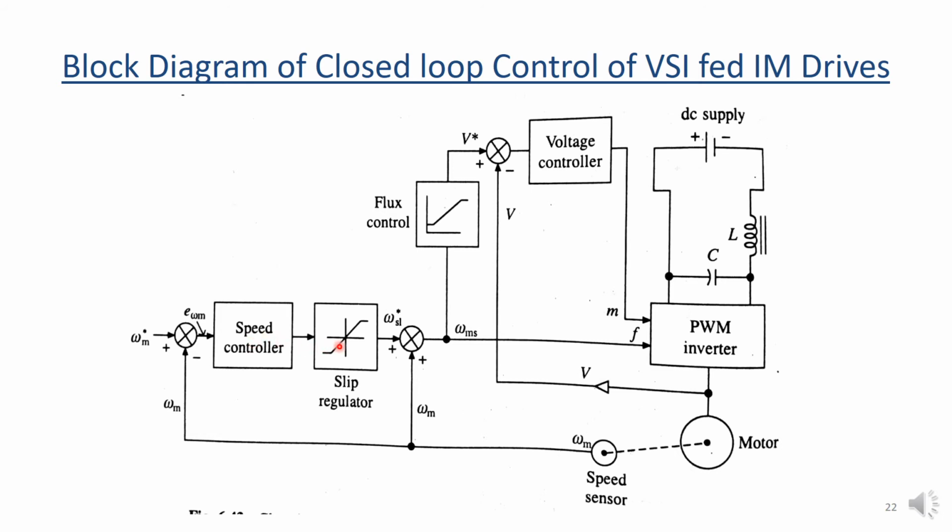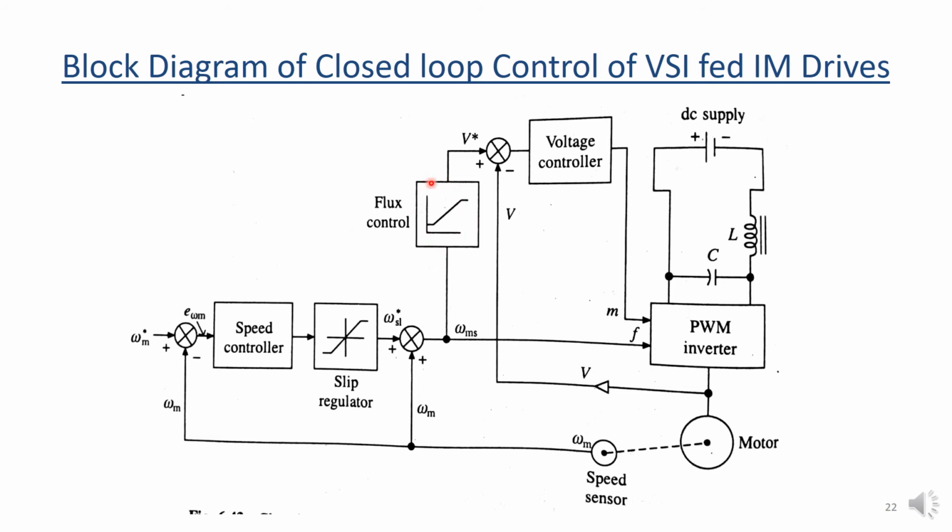The output of this PI controller is given to the slip regulator, which produces a slip speed, omega sl star, that is added to the actual speed and determines the synchronous speed of the motor, which is given to the inverter. The frequency produced by the inverter should be the same as the required motor frequency. So this omega ms is going to be our synchronous speed of the machine.